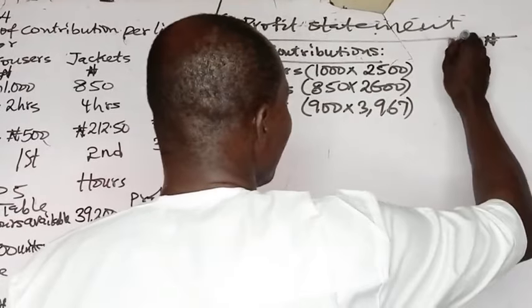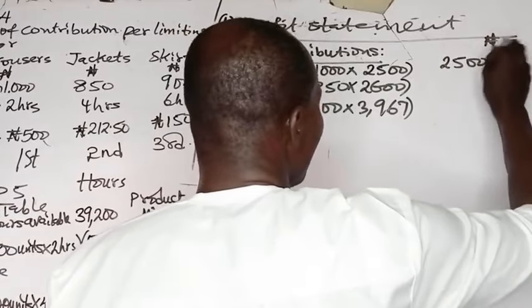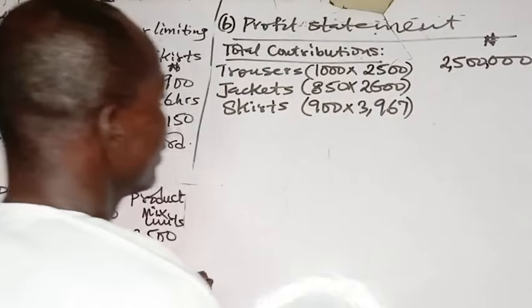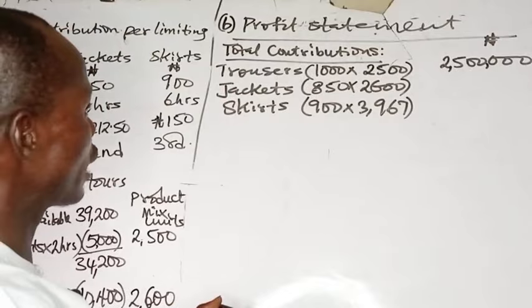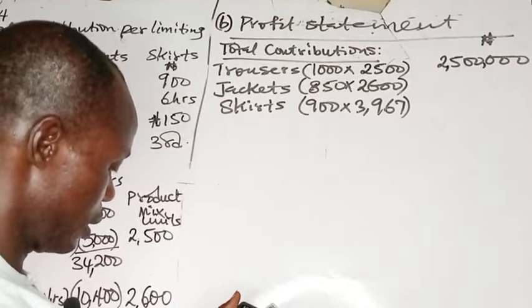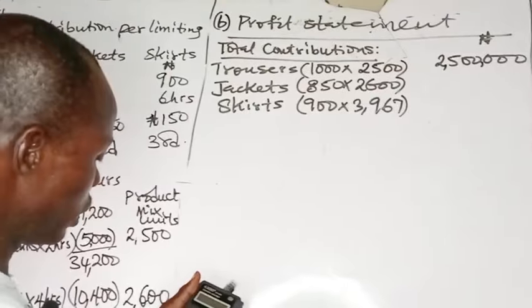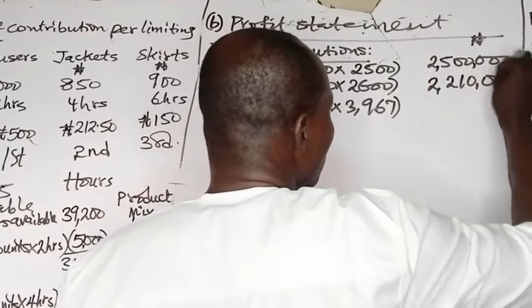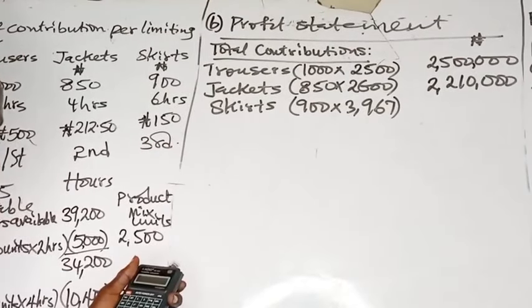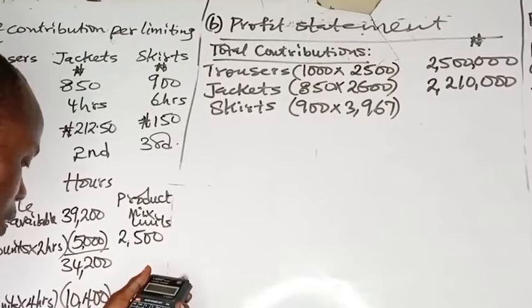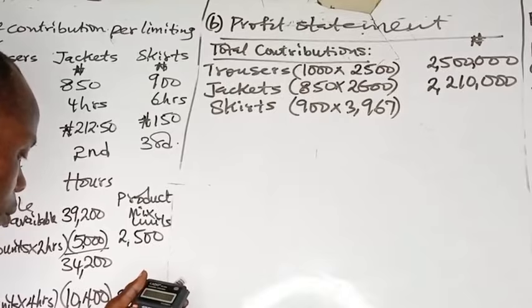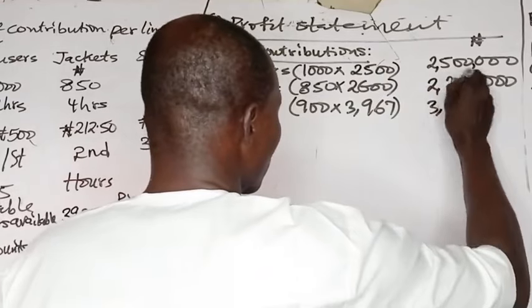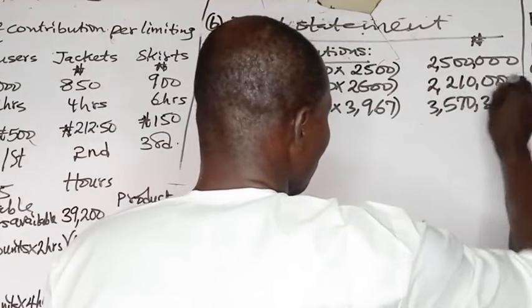So this will be 2.5 million naira. 850 times 2,600 gives us 2,210,000. Then the third product, we have 900 times 3,967, so we have 3,570,300.